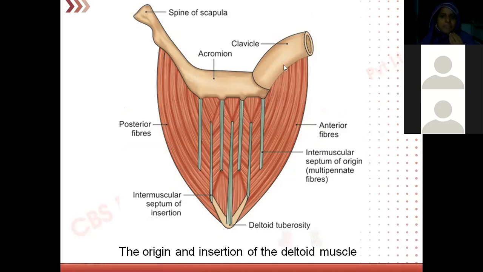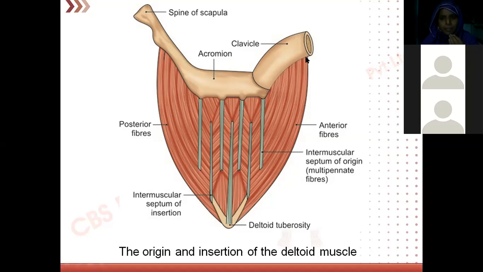As Abhinav just told us, it has origins from 3 directions. It's a multipinnate muscle. First of all, let us discuss the origin. This deltoid is originating from the clavicle, from the lateral 1/3 of the clavicle, anterior border.